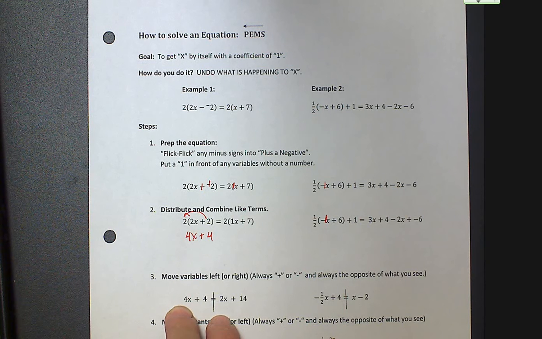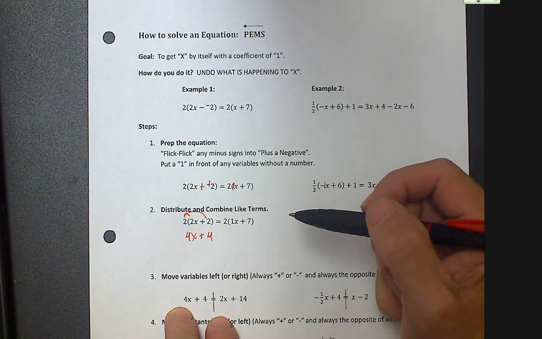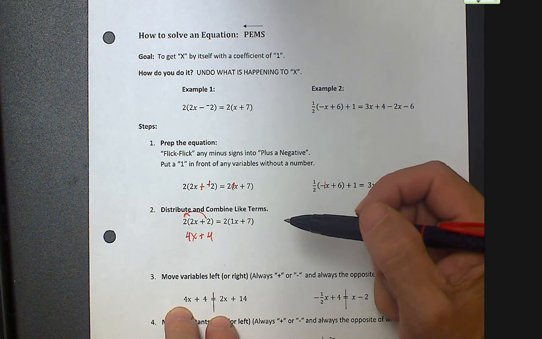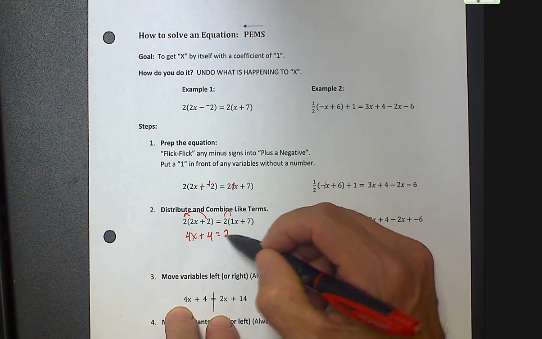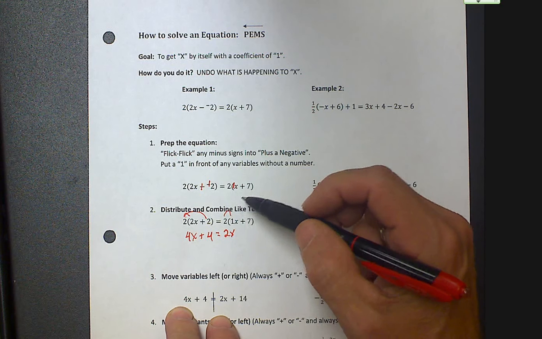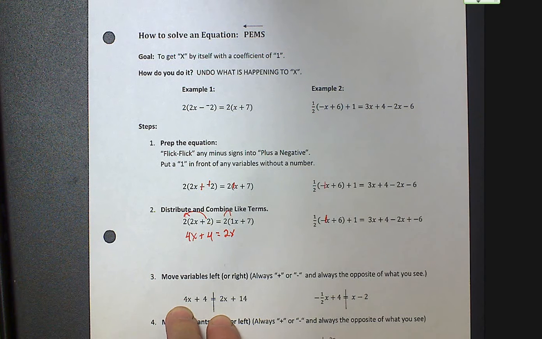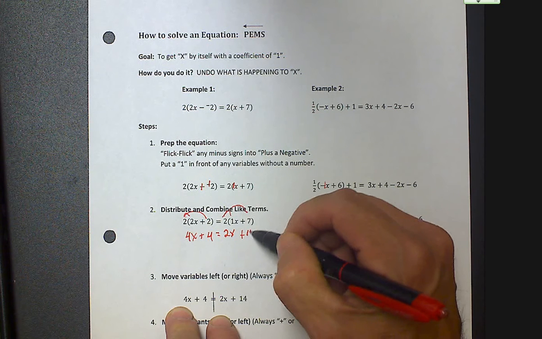Maya, what do we get right here? 2x. 2 times 1 is 2x. And then Layla, what do we get right here? Plus 14. Okay.